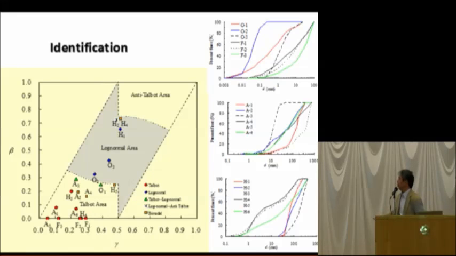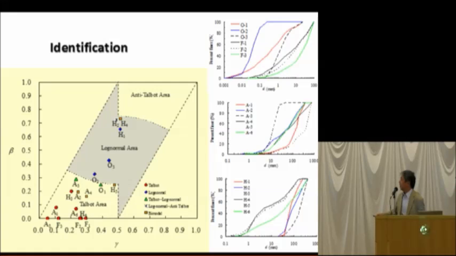This beta and gamma are the geometrical parameters of the grain size distribution. They are just two parameters. For the log normal distribution, the plot is around the center, the Talbot distribution is on this line, and the anti-Talbot distribution is on this line.